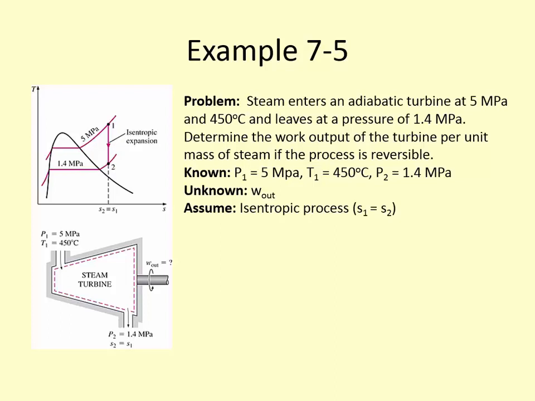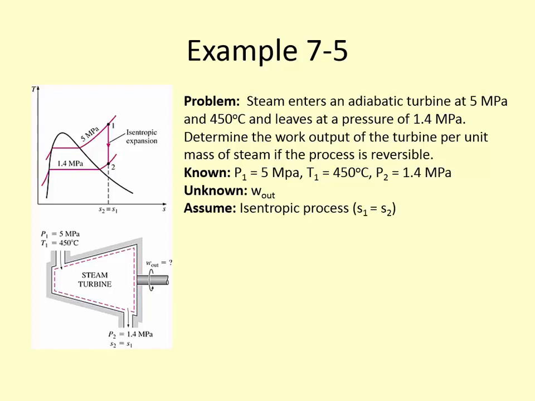Adiabatic and reversible. So when you see something that is adiabatic and reversible, you should automatically think isentropic. And isentropic means no change in entropy, just like isothermal, isobaric, it's the same kind of thing.